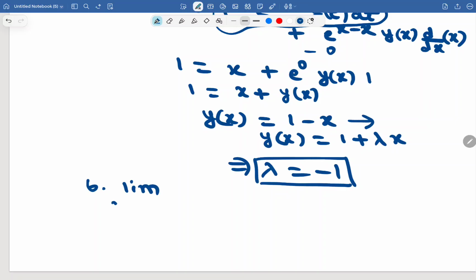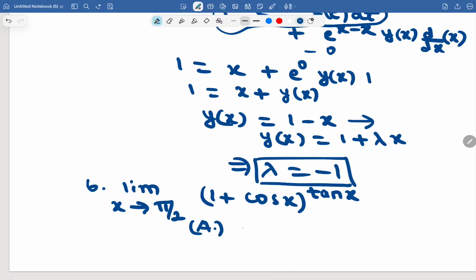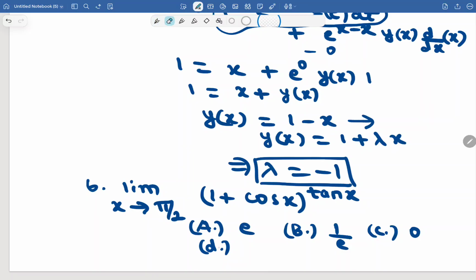Limit x tends to pi by 2 of 1 plus cos x power tan x. Option A e, option B 1 by e, option C 0, option D 2.